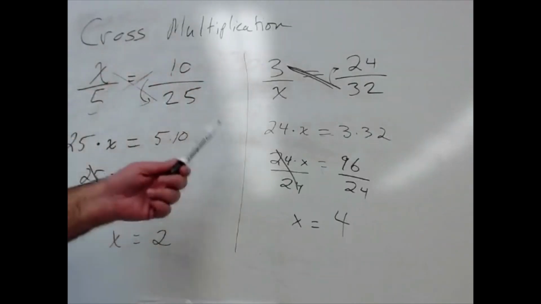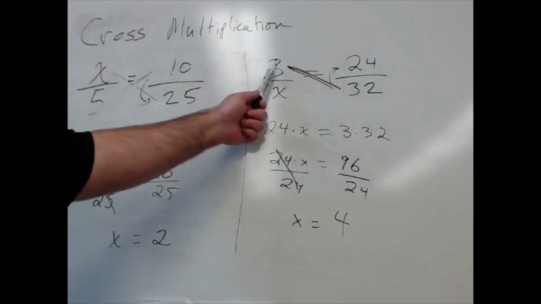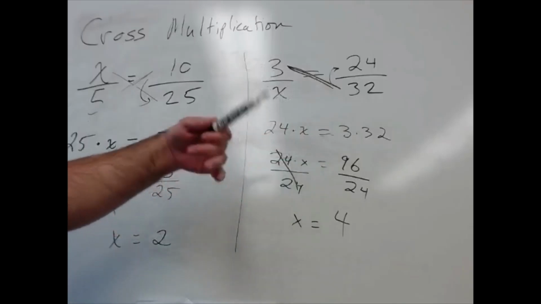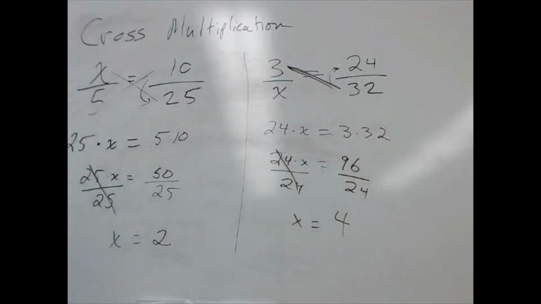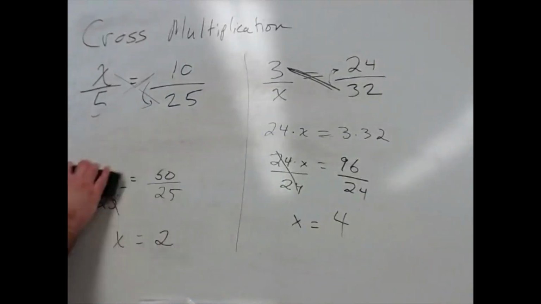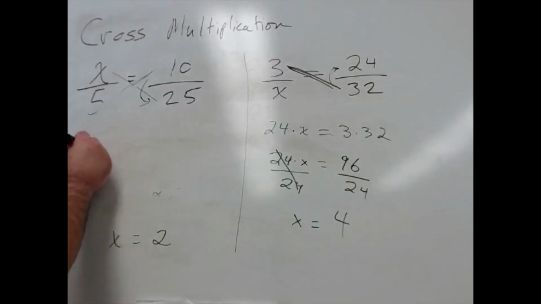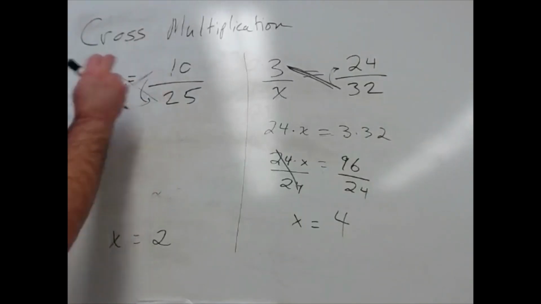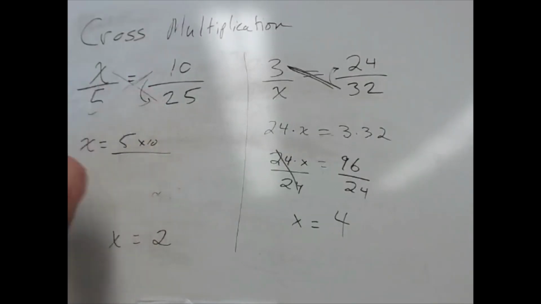So over here, the same kind of thing happens. I know these two numbers, 3 and 32, so they get multiplied. And then I divide by the other number that's left over, which in this case is 24. So I could take a little bit of a shortcut here. Instead of doing this, I could just say that my x is equal to, multiply these two, 5 times 10, and then divide by the number that's left over, which is 25.